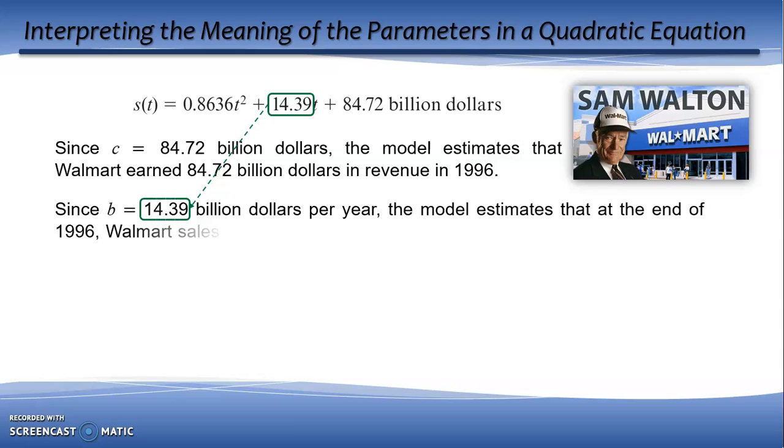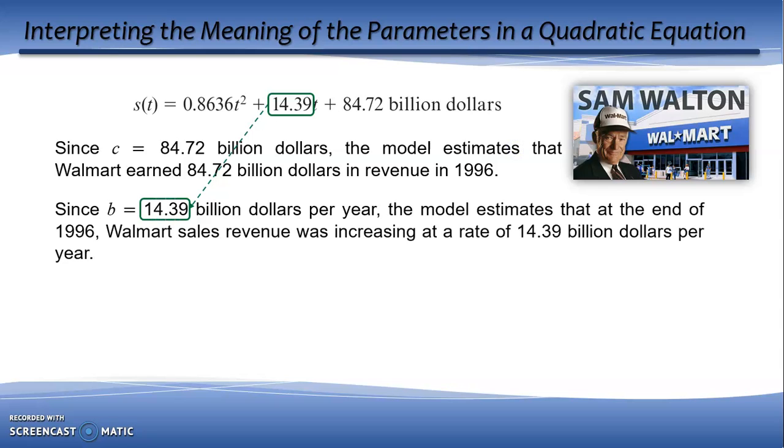That means that the model estimates that at the end of 1996, Walmart sales revenue was increasing at a rate of $14.39 billion per year. Okay? At the end of 1996.